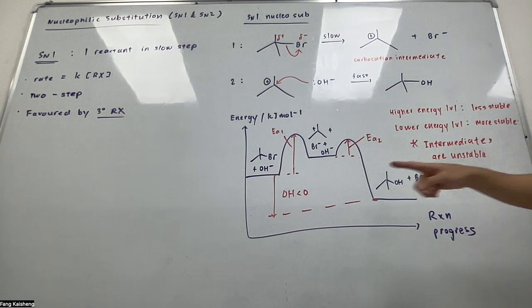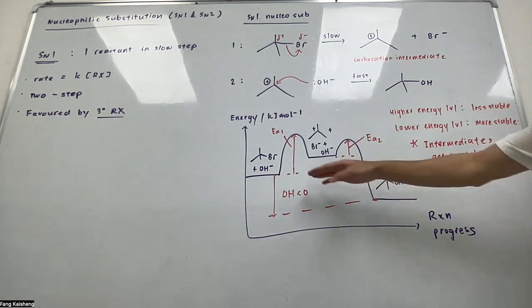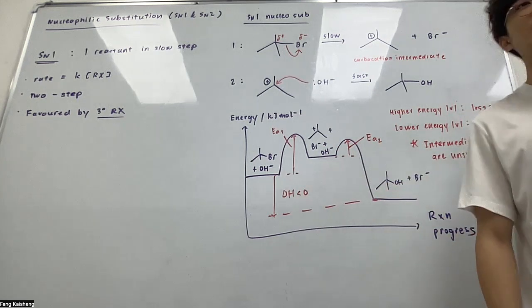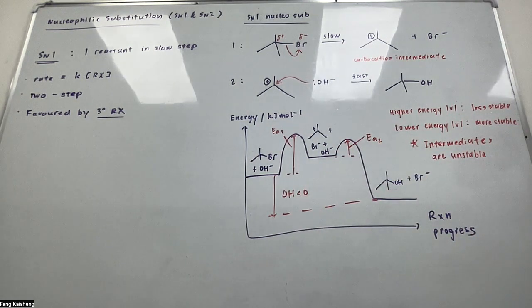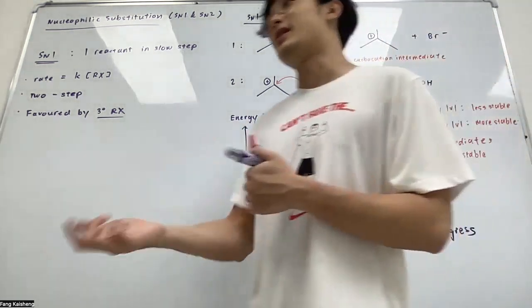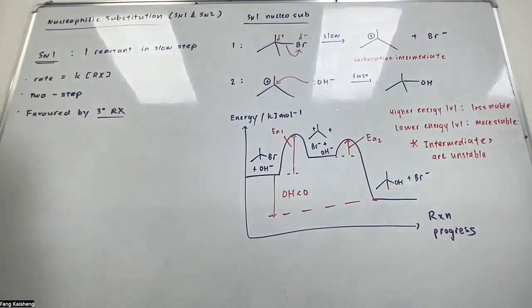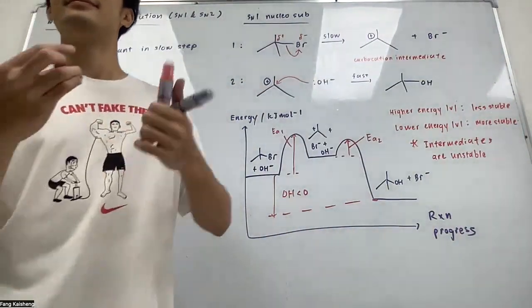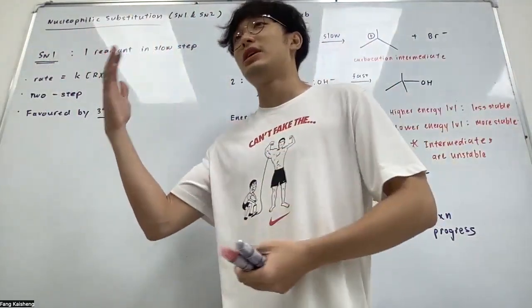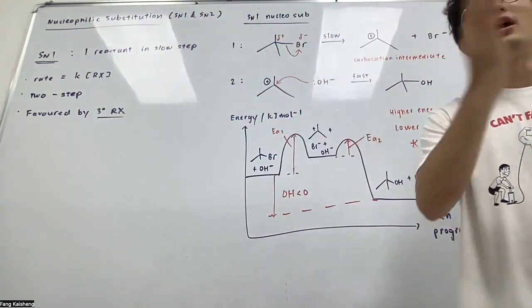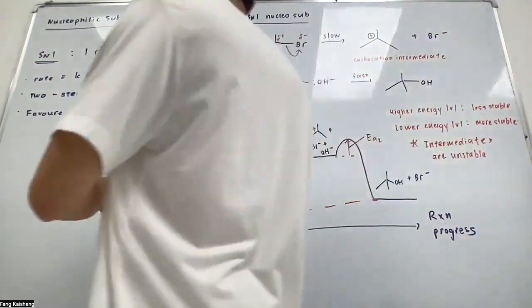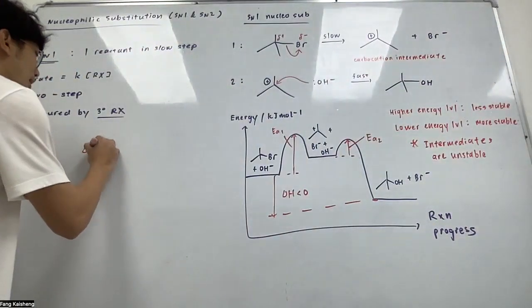Next thing. Why have I drawn exothermic for both cases? Guys, delta H, how to calculate? Something minus something. Remember? Bonds broken minus bonds formed. Let's use this to explain now.